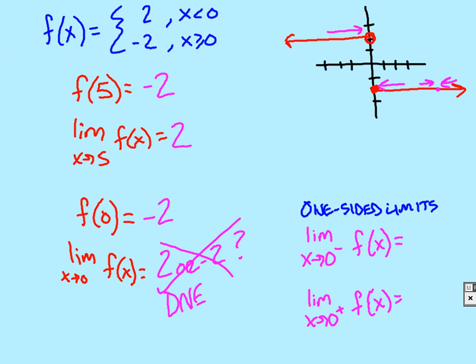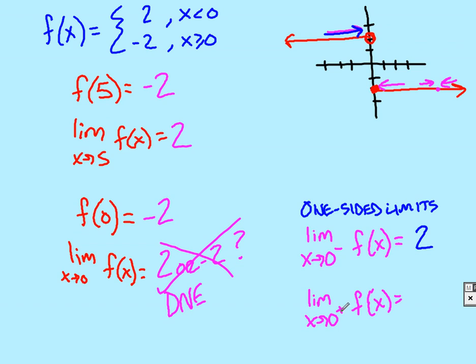Now, here's a way we can write a one-sided limit and what these mean. All these are, it's coming from both directions. These are from one side. So for this first one, it's the same exact thing as we wrote here, except this little negative sign. All that means is I'm only looking from the left, only from the negative way. So as I'm approaching from the left, what number am I approaching? Well, that's a positive 2, looking just from the left.